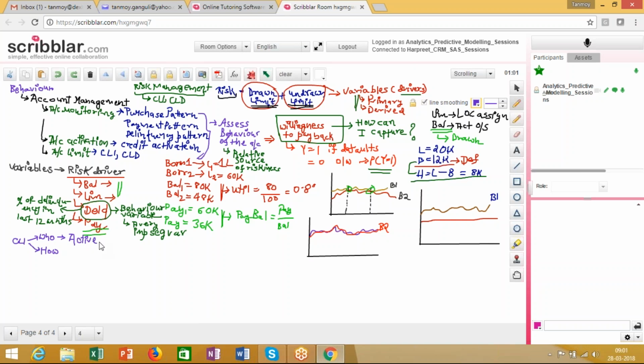Now within active, there would be two groups of borrowers. One is the risky borrowers, and then the less risky borrowers.